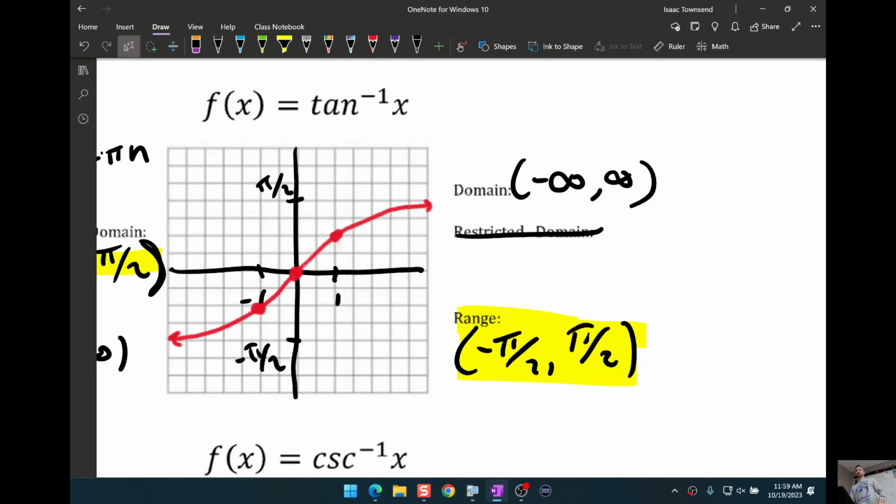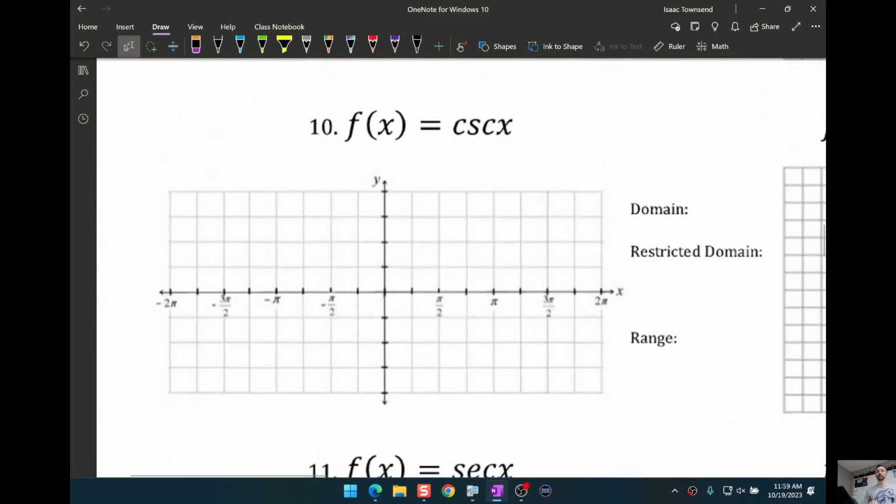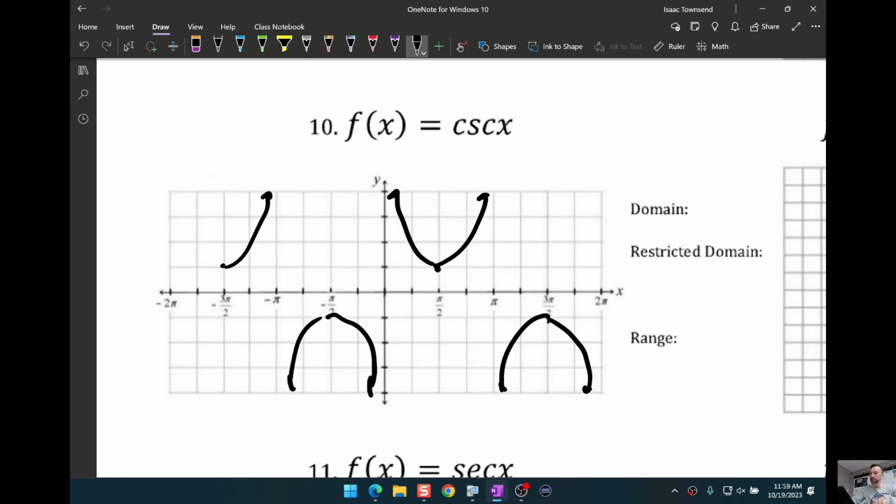Okay, so once again, we're going to think about what the cosecant graph looks like. Again, I'm just going to put it in quickly. I know y'all should be able to graph it on your own.